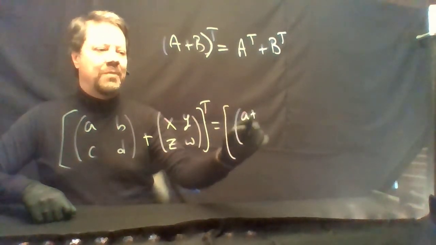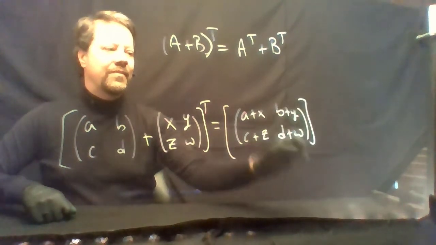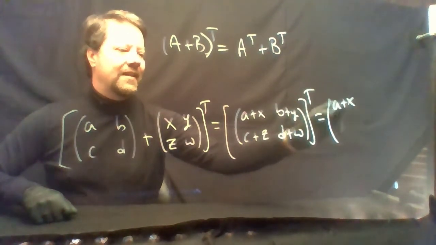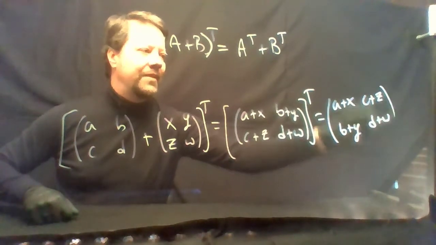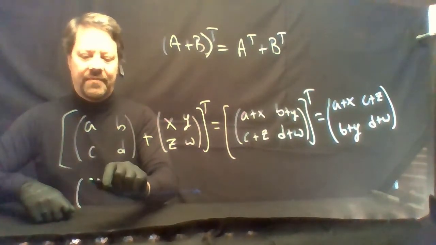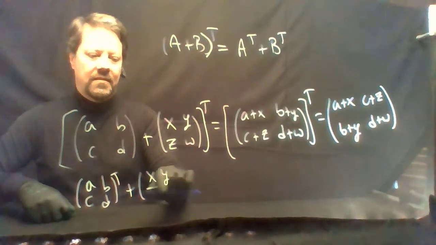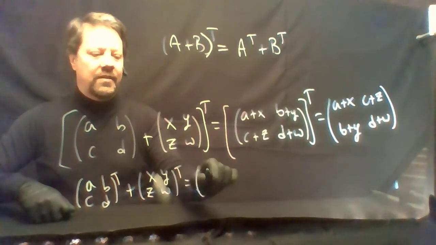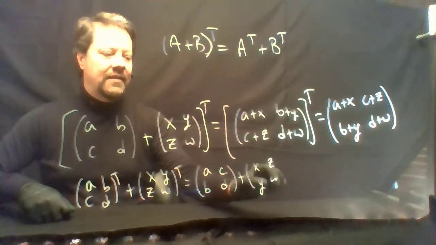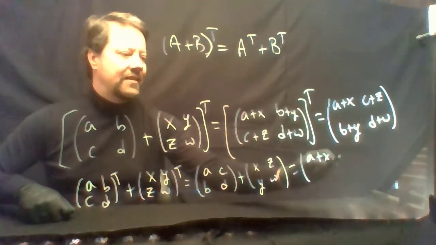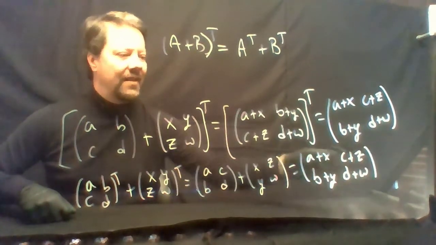It's going to be the transpose of A plus X, B plus Y, C plus Z, D plus W, and that's going to be A plus X, under that B plus Y, and then to the right C plus Z, D plus W. But if you do the transposes first, you'll have A, C, B, D plus X, Z, Y, W. And when you add those, you'll have A plus X, C plus Z, B plus Y, and D plus W, which is the same thing.